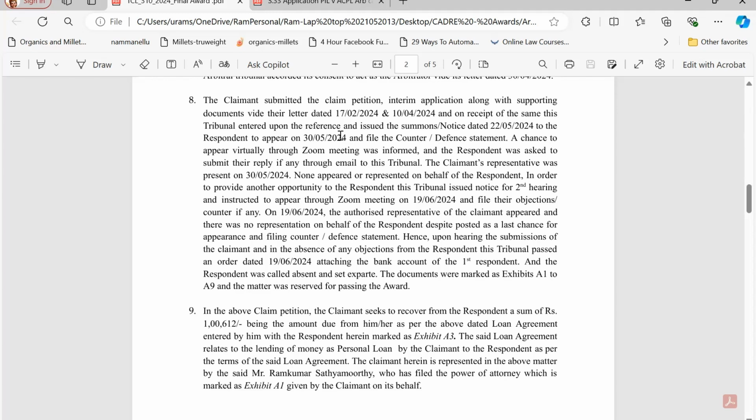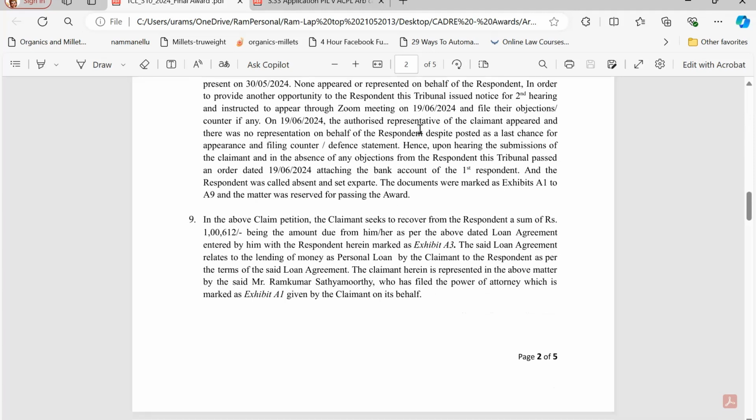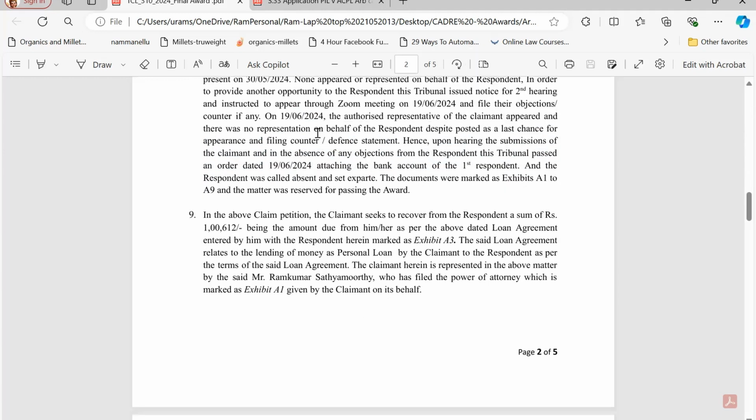Also, in this case, the claimant, that is Tata Capital, asked for some interim relief, that is, to freeze the respondent's bank account. So that petition is also mentioned here, the claim petition and the interim application. The dates of the first hearing and second hearing, the issuance of notices to the parties notifying the hearing date, and the meeting links are also mentioned here.